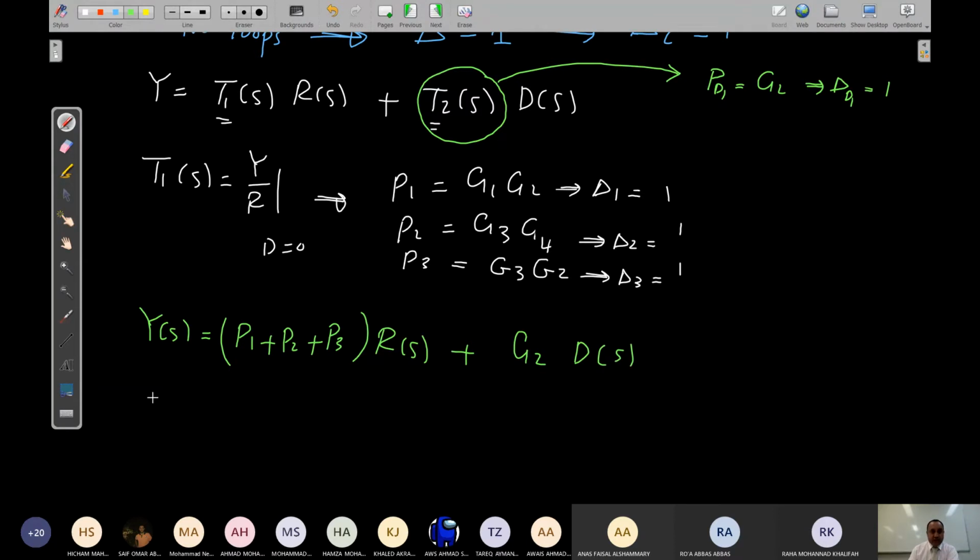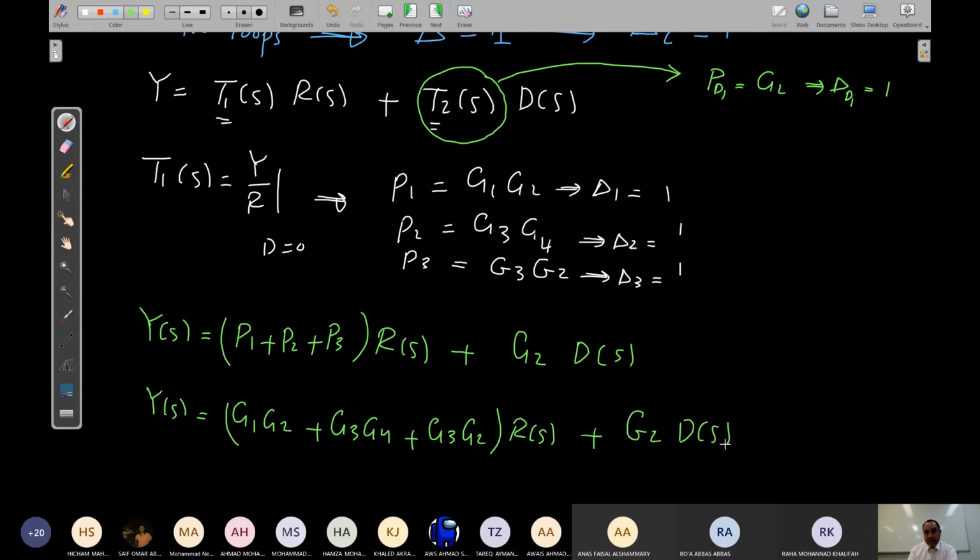So if I substitute, Y of S will equal G1, G2 plus G3, G4 plus G3, G2, all multiplied by R of S plus G2 D of S. Yes?